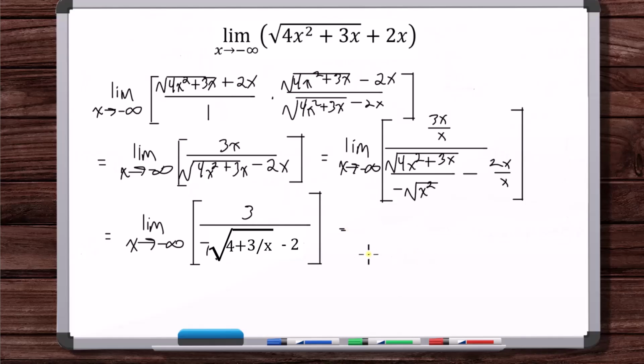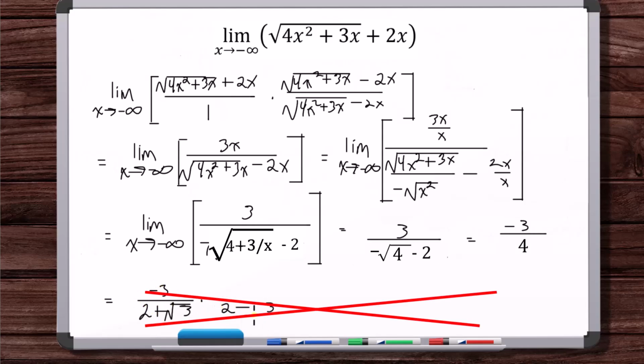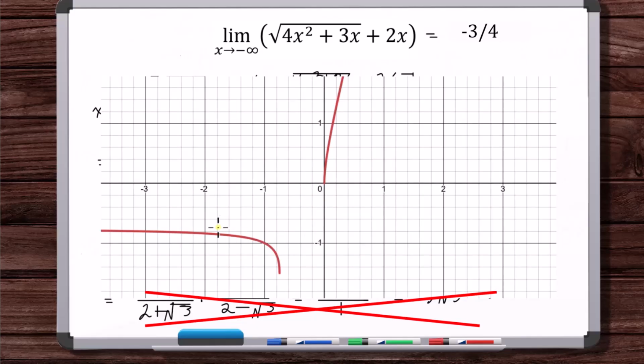So what you've got is minus root 3 minus 2. Okay, and we can just do this. So 2 plus root 3. Now we can rationalize this final answer. So as x goes to negative infinity, the function is approaching 3 root 3 minus 6. The horizontal asymptote is at y equals 3 root 3 minus 6.